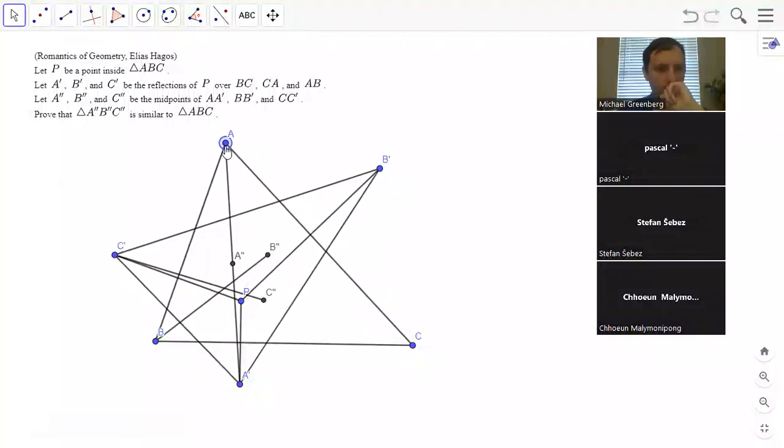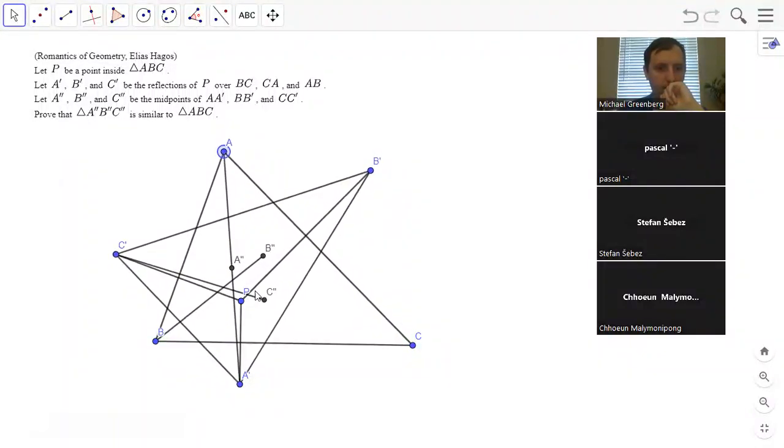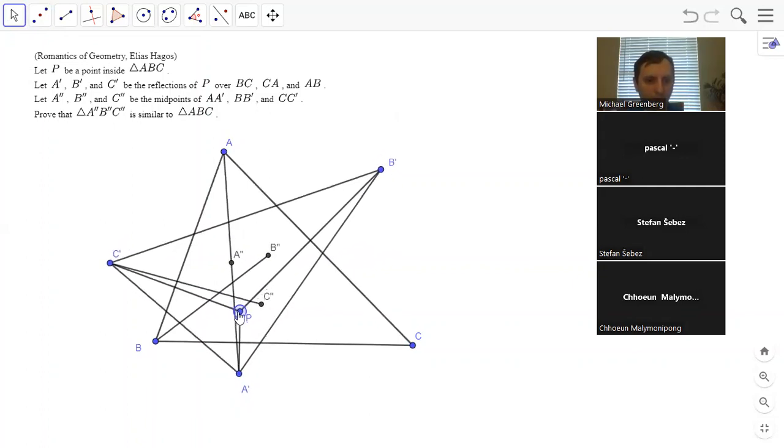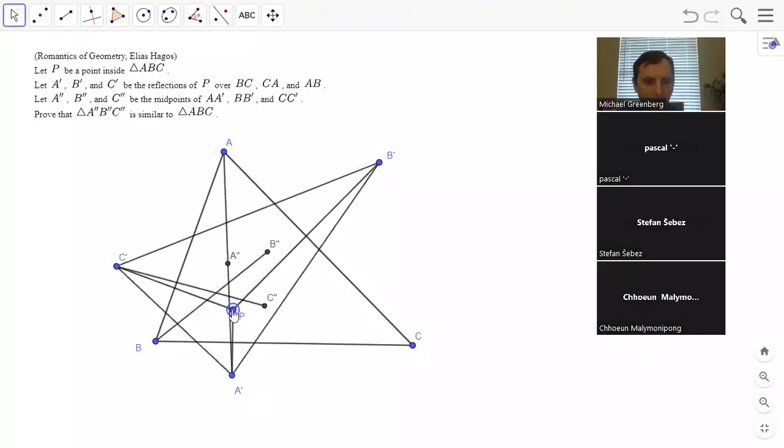I kind of like that diagram. So yeah, there's a lot of flexibility here. P can be any point it wants to be.